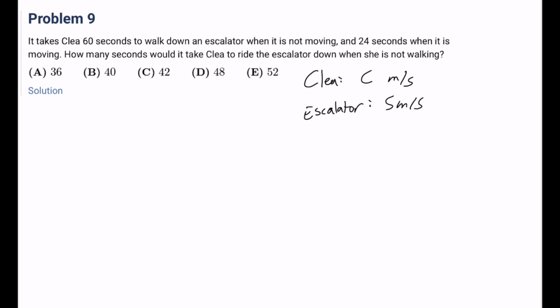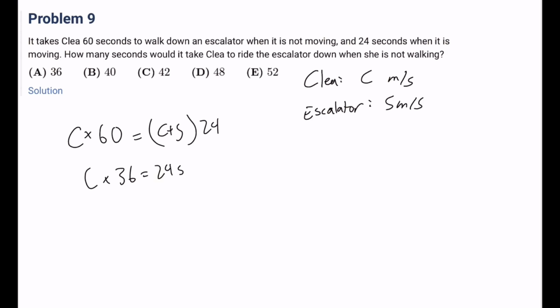And so for Clee to walk, that's just c times 60, because it's 60 seconds. And that's equal to c plus s when she is riding the escalator, c plus s times 24 seconds. So that will give us c times 60 minus 24, which is 36, equals 24s. This gives us 3c equals 2s.